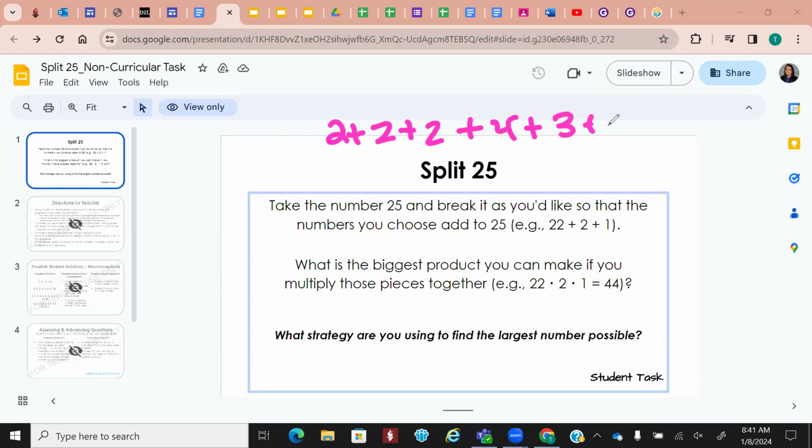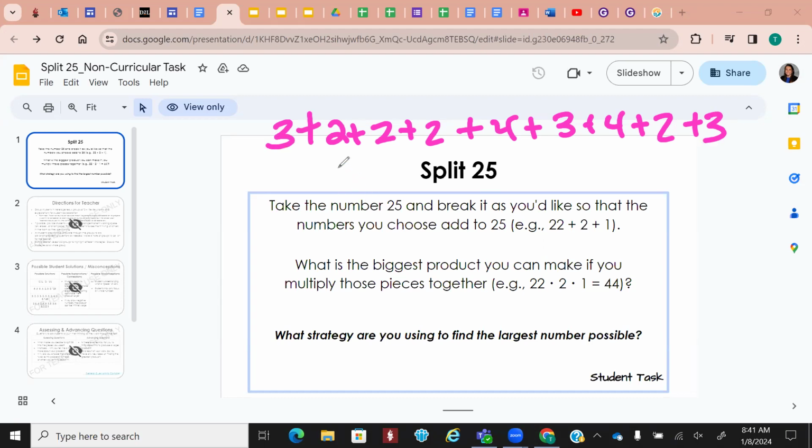2 plus 2 plus 2 plus 4 plus 3 plus 4 plus 3 plus 2 plus 3. I think that's it. 2, 2, 2, 4, 3, 4, 2, 3. I'm missing another 3.